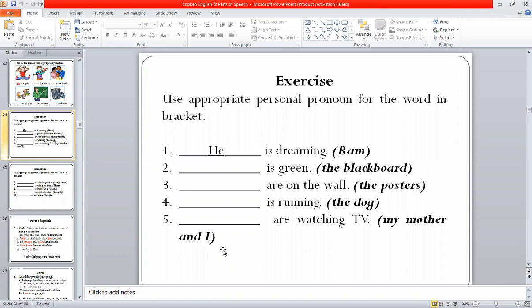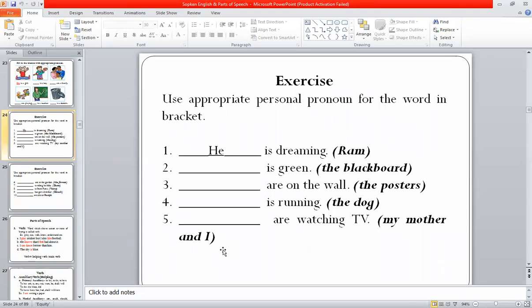Okay, so it is running or he is running, and the dog is masculine gender, or male gender. That is why we use he, him, or himself for the masculine gender.